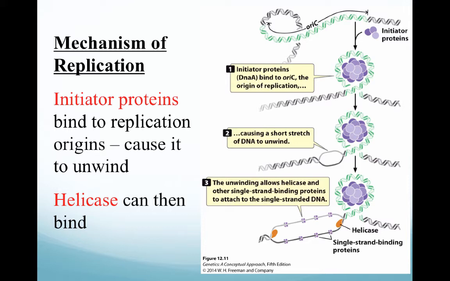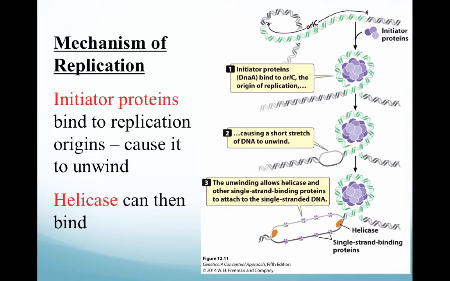In addition to theta replication, linear eukaryotic replication is where we have multiple sets of chromosomes contained inside the nucleus that are going to be synthesizing themselves during the S phase of the cell cycle. So that's really where we're at.